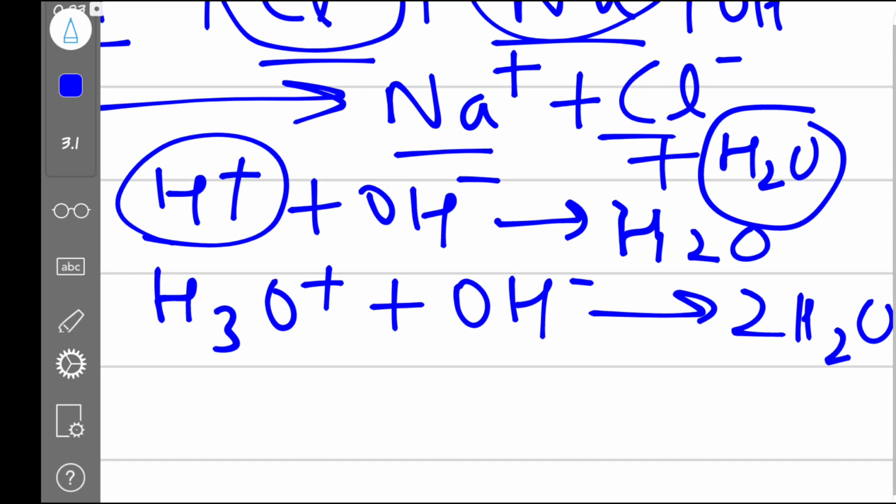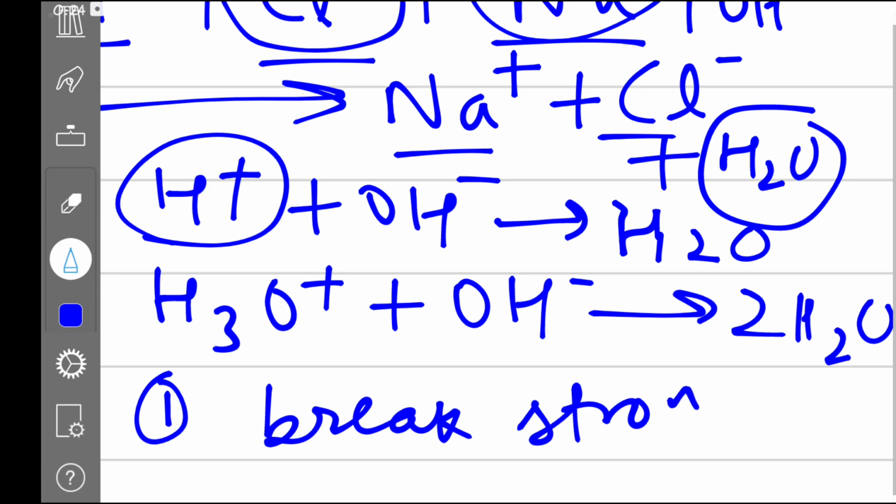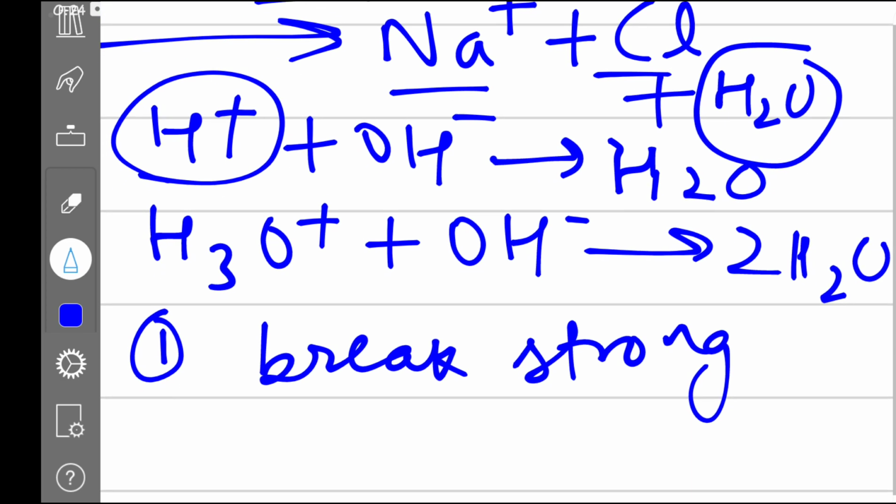So what can we conclude? Whenever writing a net ionic equation, just remember to break up the substances, and only break the strong substances. So the first point is break only strong electrolytes.